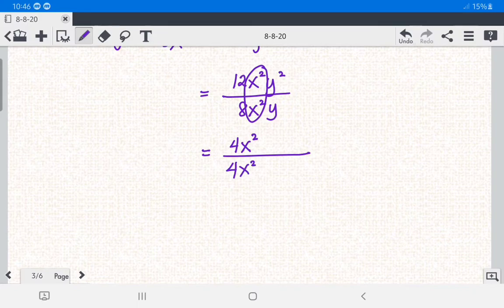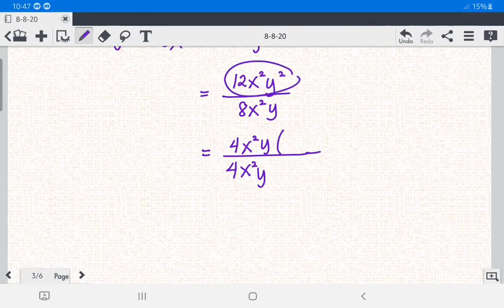Then for the y variable, you're going to get the variable with the lesser exponent, which is 1, right? So we have y and then the other one y. Then for the numerator, to get the other factor, you're going to divide 12x squared y squared by 4x squared y.